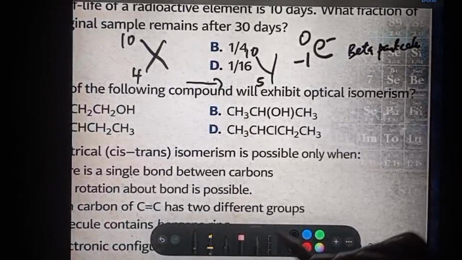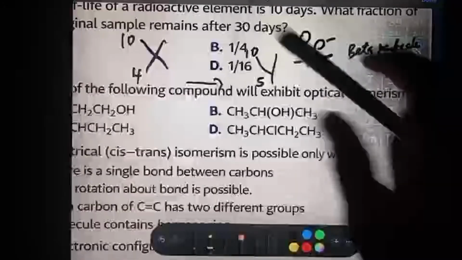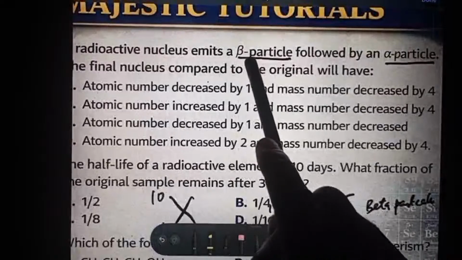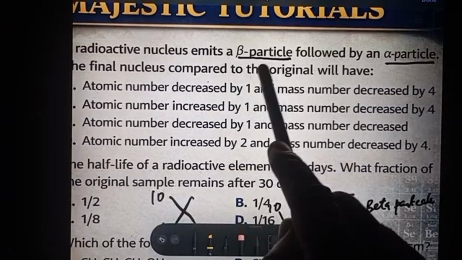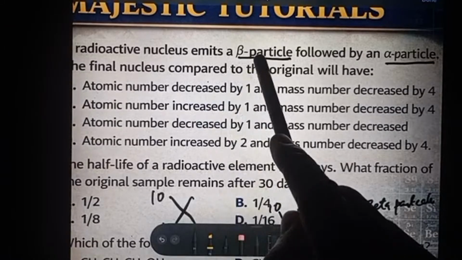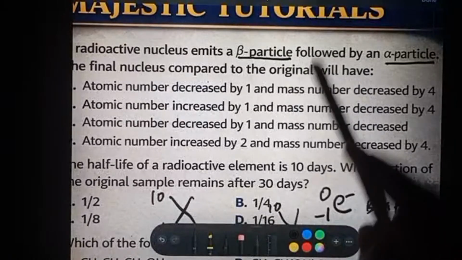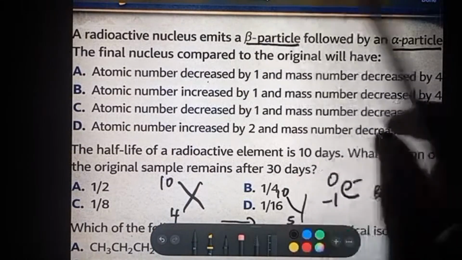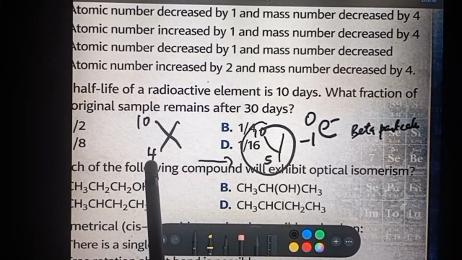If we look at this, the question was constructed well: the nuclide emits a beta particle followed by an alpha particle. On emitting a beta particle, nothing happens to the mass number, but the atomic number increases by 1, not by 2, by 1, please. Let's take it as 4. It will now become 5.